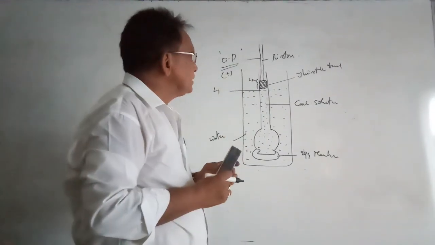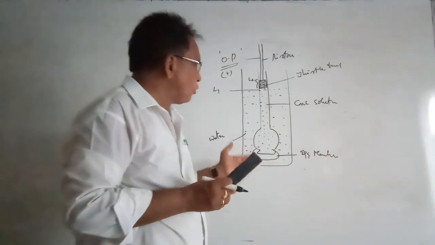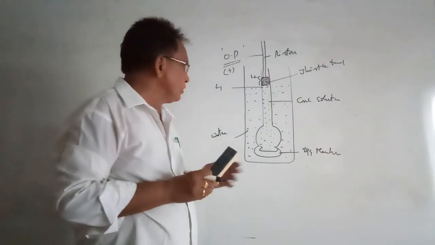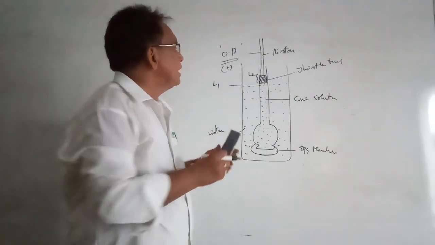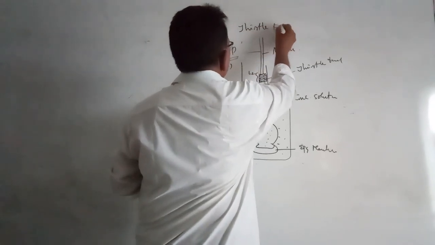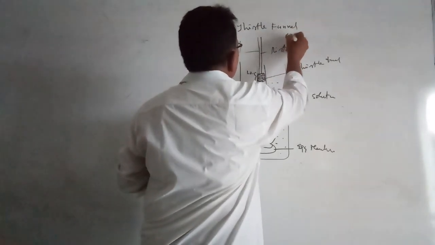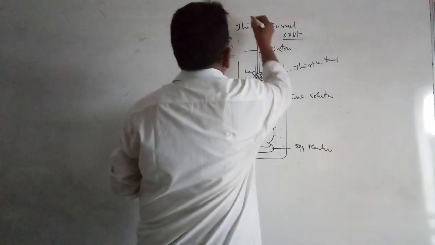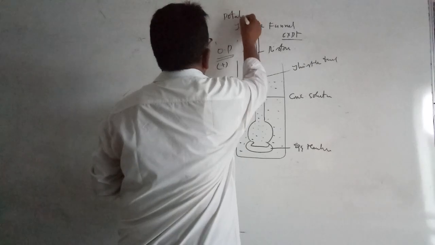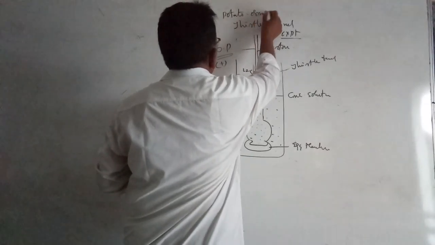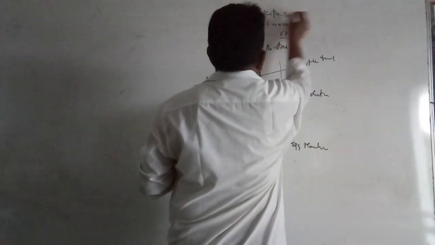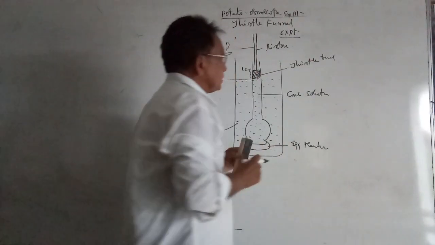With this we can also measure how much osmotic pressure is required for the movement of water molecules from outside to the inside. This experiment is known as the thistle funnel experiment. There is also another experiment called the potato osmoscope experiment to demonstrate the process of osmosis.